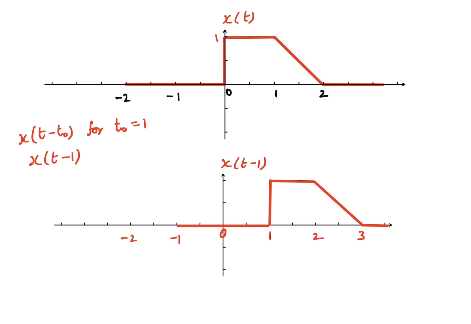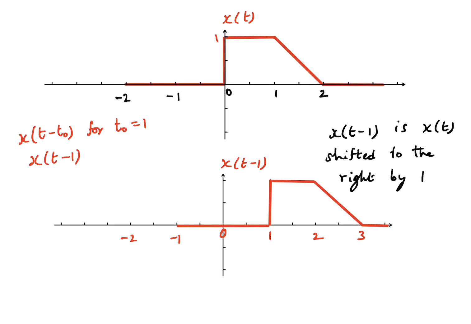So we have seen the time shifting operation, not the time scaling operation. Basically we have done shifting to the left and to the right. So this is a right shifted version of x of t, x of t minus 1. So x of t minus 1 is x of t shifted to the right by 1.